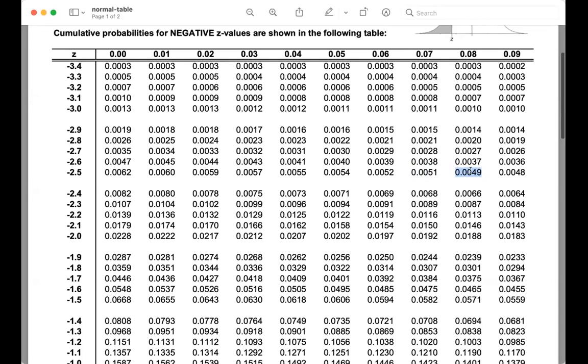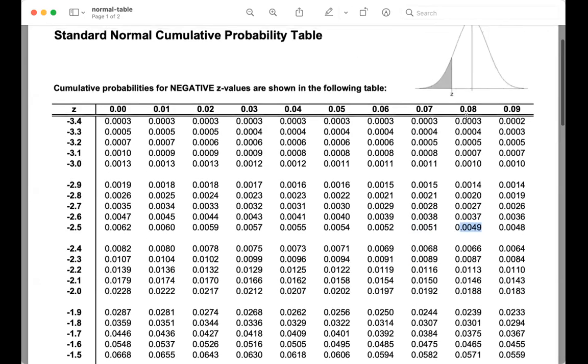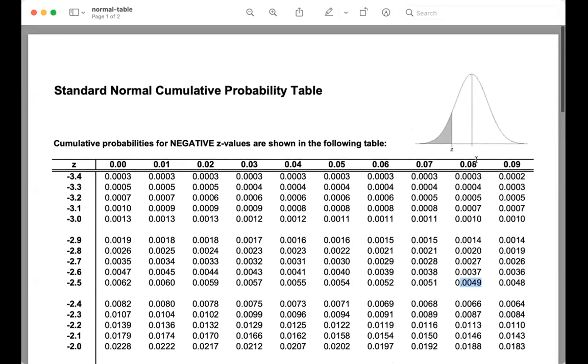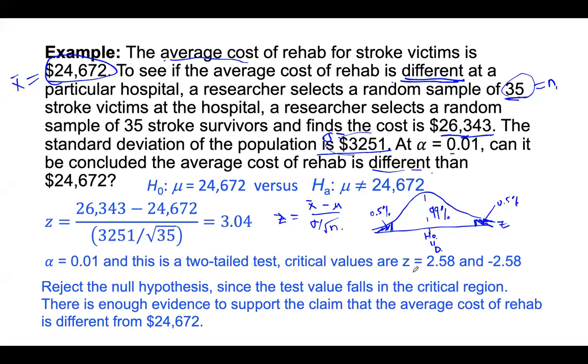We have 5 digits, and it's this one. So negative 2.58 is the closest value, and then due to symmetry, the other is 2.58. So that's how we get our rejection regions.